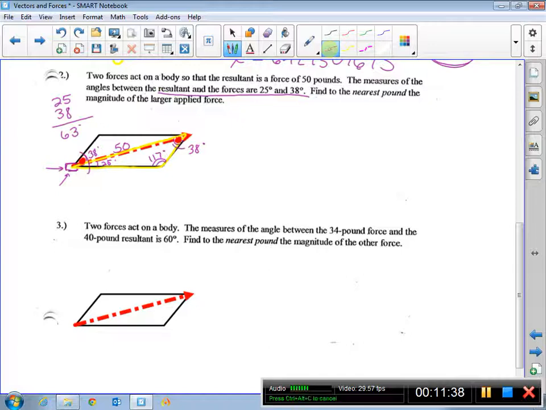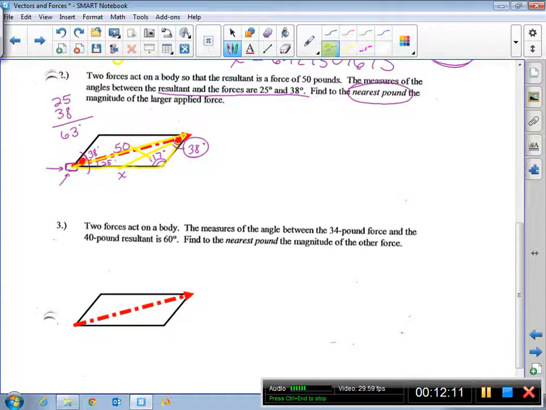So what we have is all three angles, and we have a side, and they're asking us to find, to the nearest pound, the magnitude of the larger force. So the larger force is the one across from the larger angle, so that is the side that they want. Now we have to decide law of sines or law of cosines. I'm going to crisscross here, and I need x, and I have that angle.